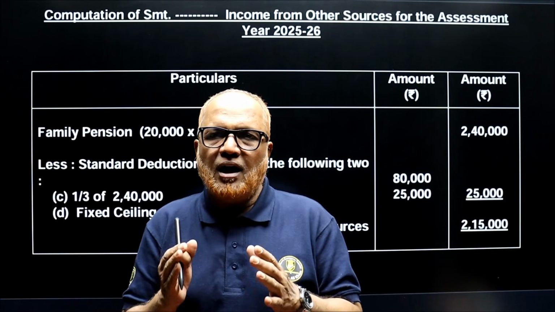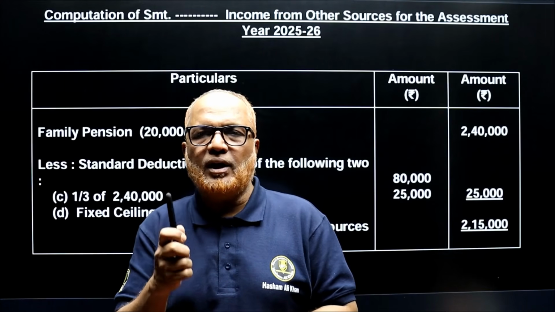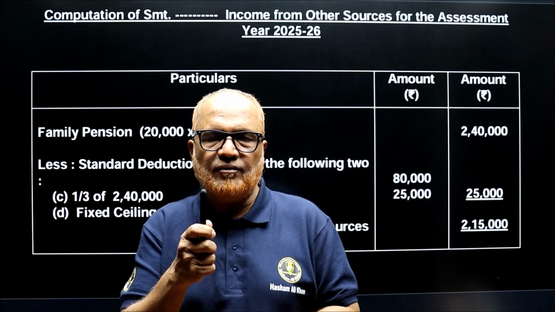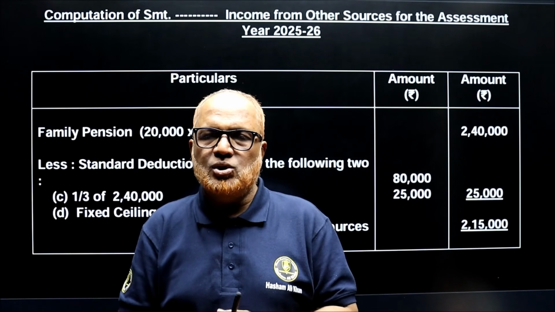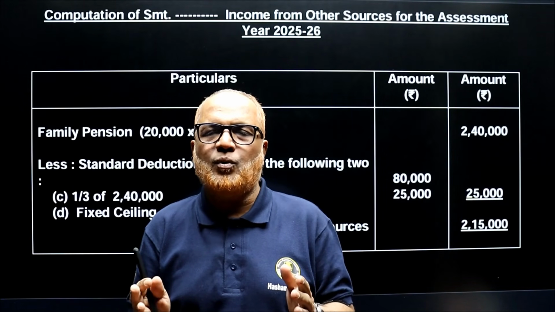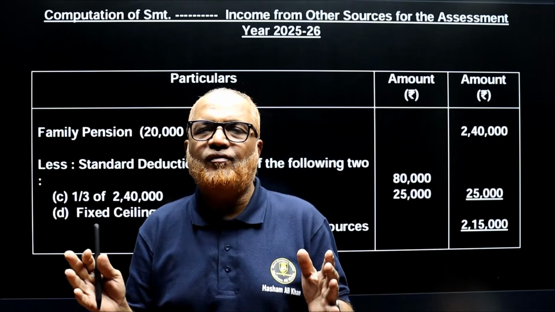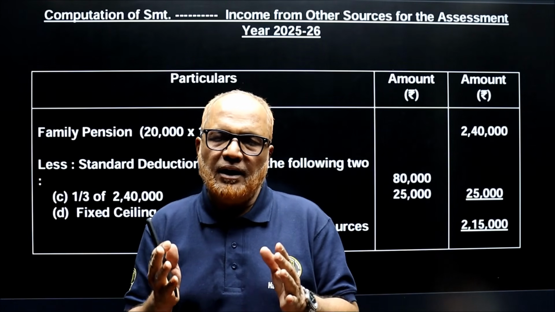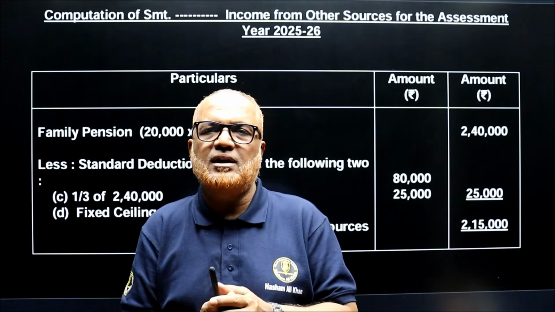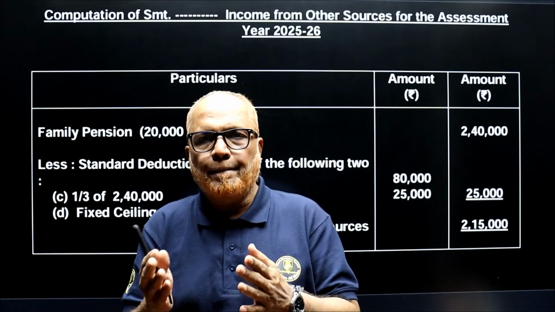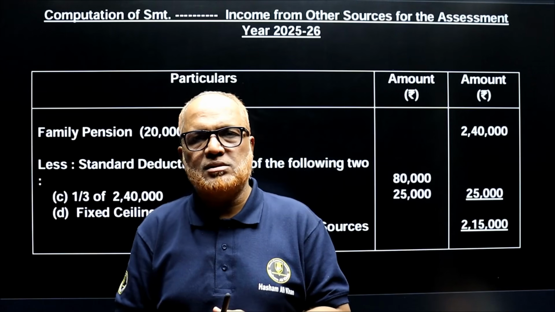So this is the last and final video for income tax for the assessment year 2025-26. So many videos I have provided on all the 5 units regarding the heads: income from salary, income from house property, profits and gains, then capital gain, and income from other sources.